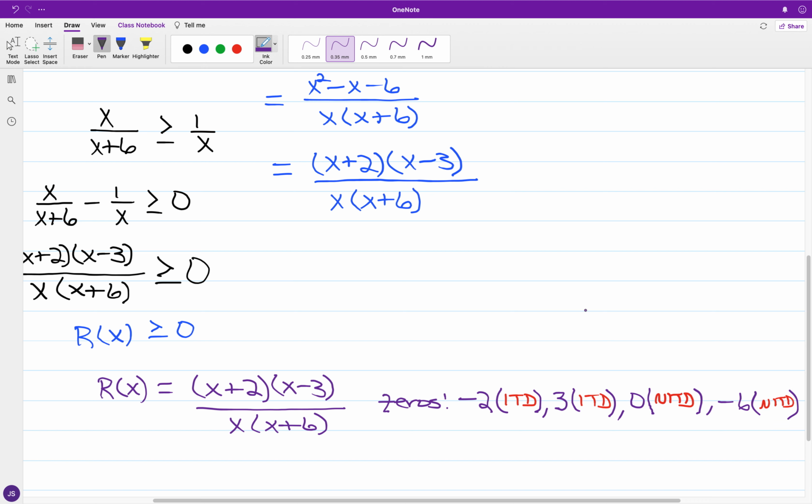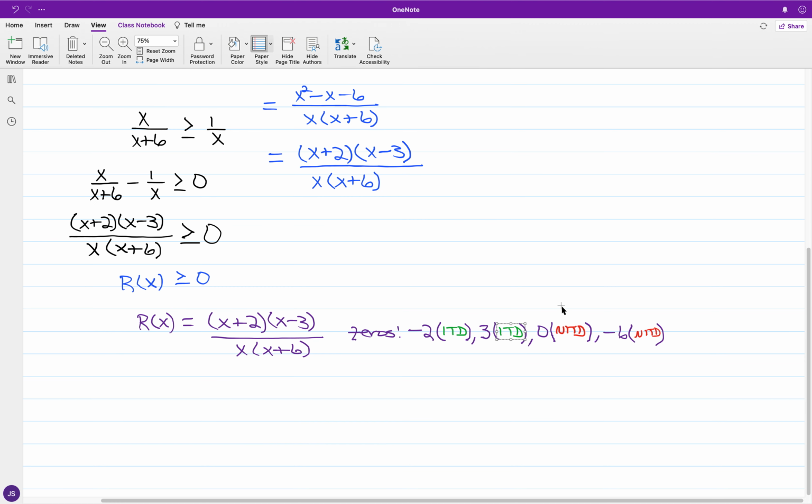So those are not in the domain. We got 4 distinct zeros.